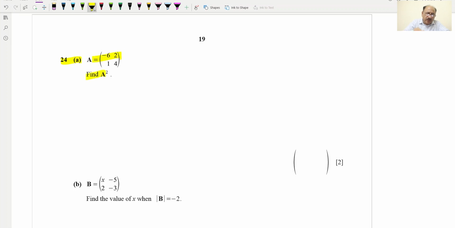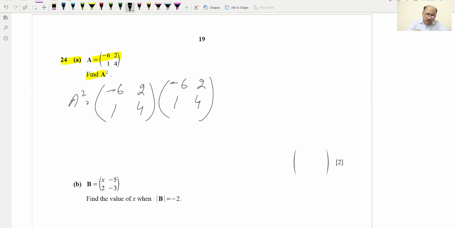Now 24 is a part. This a is given, we have to find a square. So a square means what? A into a, so we can take minus 6 2 1 4 into again minus 6 2 and 1 4. Now we will be multiplying first row with first column.